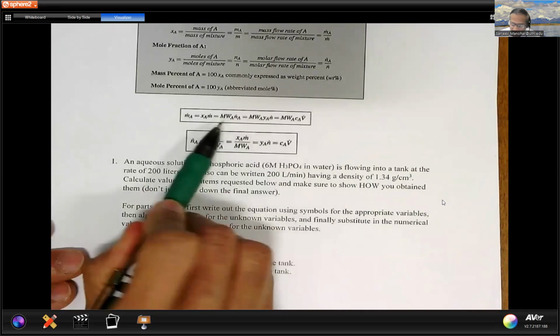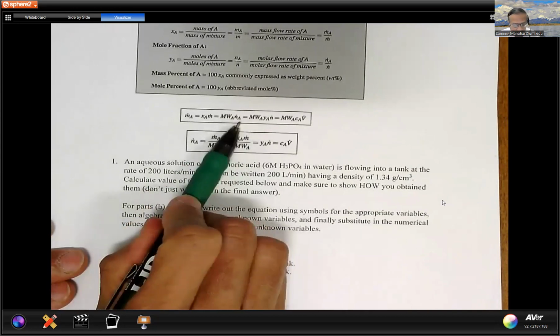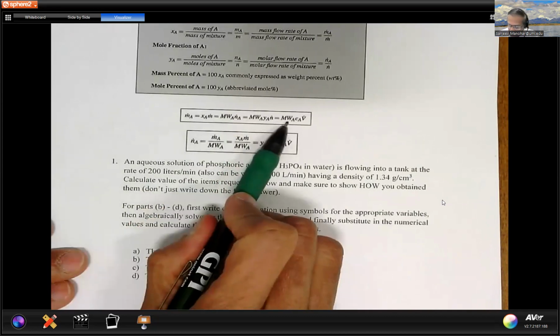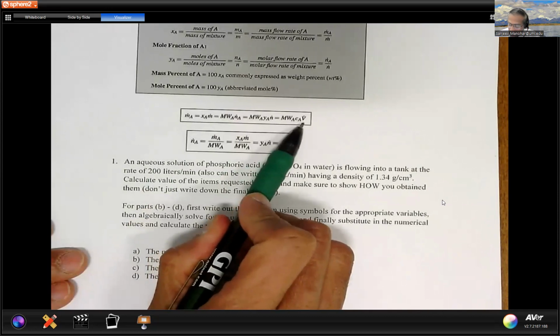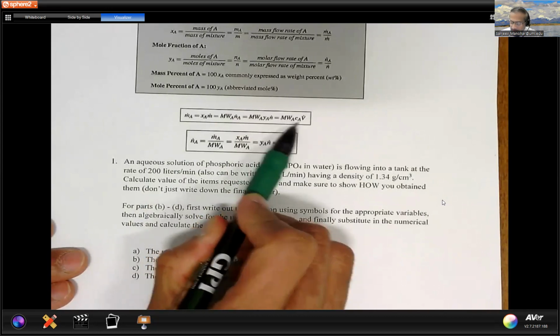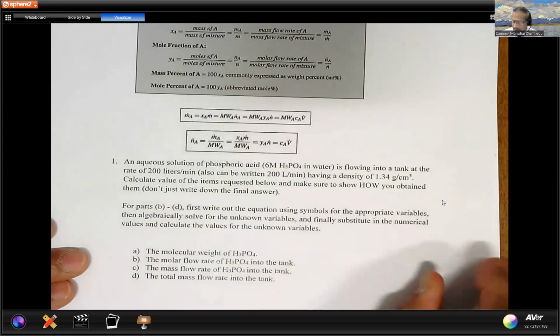Since you already calculated molecular weight, it's got to be one of these equations that asks for molecular weight. Like voila, there's molecular weight, concentration, and volumetric flow rate, right? So in A, you have already calculated molecular weight. Concentration and volumetric flow rate are given already. So all you have to do is plug in the equations, correct?